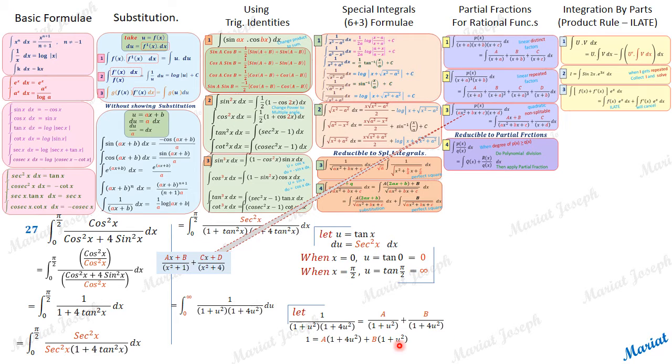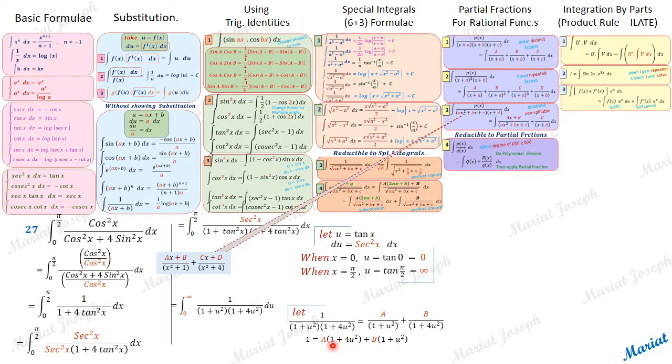1 plus u square into 1 plus 4u square is the LCM, the same denominator as on the left side, so they cancel. So a into 1 plus 4u square plus b into 1 plus u square is the numerator, which will be equated to this one. Now, these two polynomials could be equal only if the coefficients of like terms are equal. u square here 4a, u square here b.